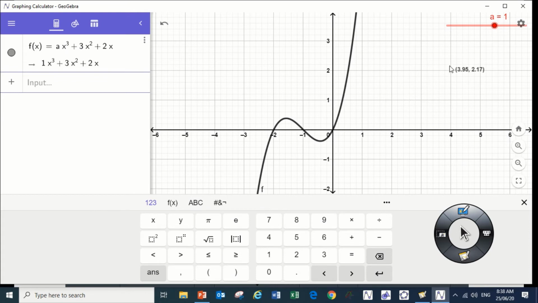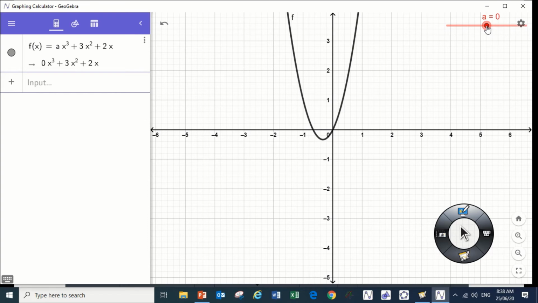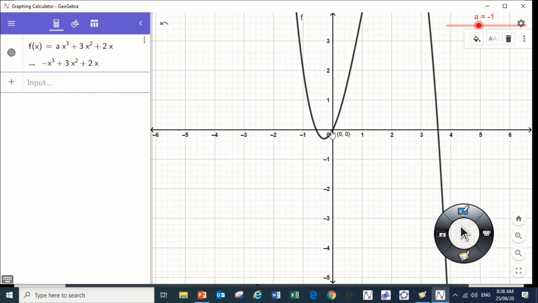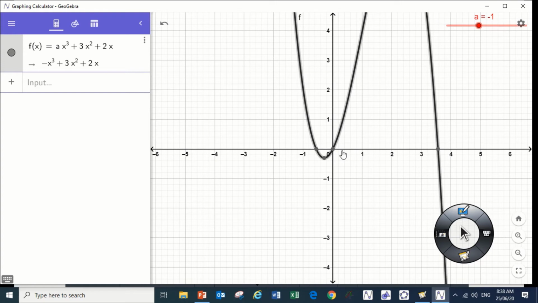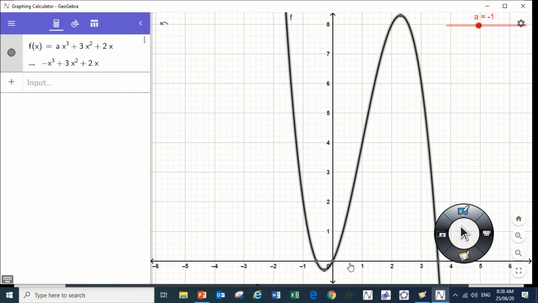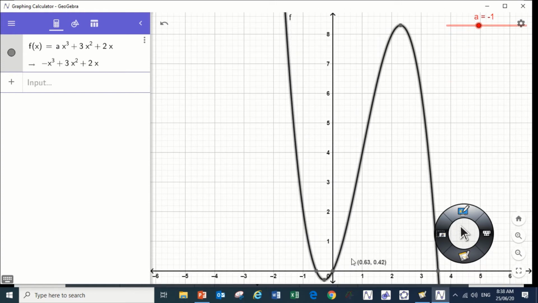So if your a is positive, like in this case it's equal to 1, you have the maximum turning point, which is x cubed plus 3x squared plus 2x. Then if I move the slider to the left, I'm going to end up having a graph which is concave up and then concave down, because the a value is now negative.